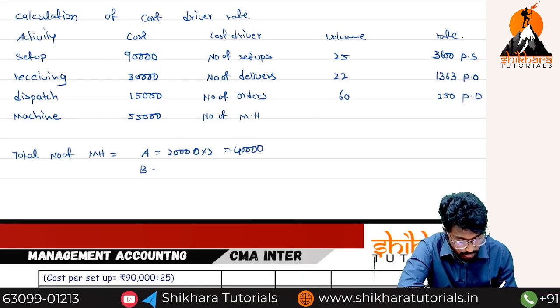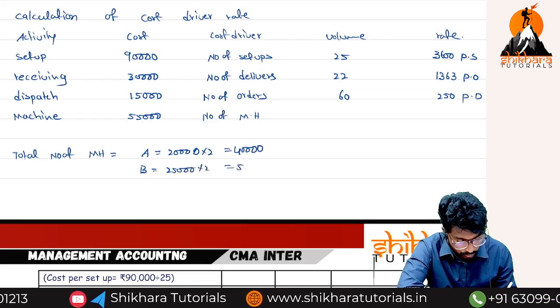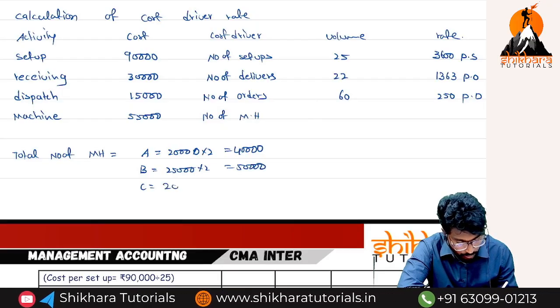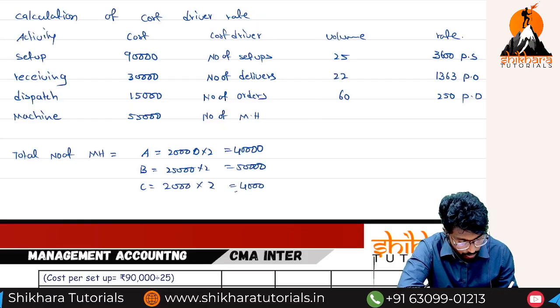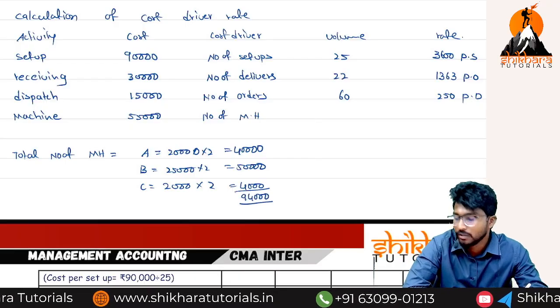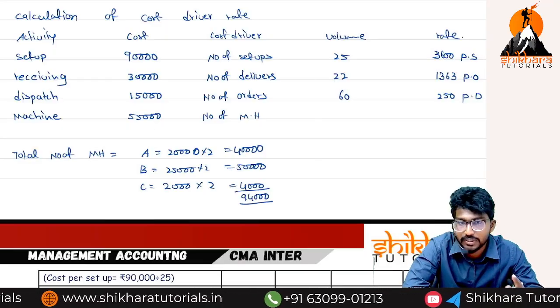B, 25,000 into 2, 50,000. C, 2,000 into 2, 4,000. Total 94,000. That means this 55,000 is incurred for 94,000 machine hours.